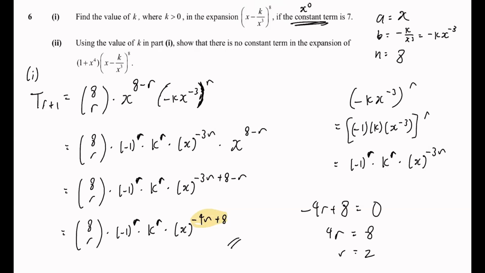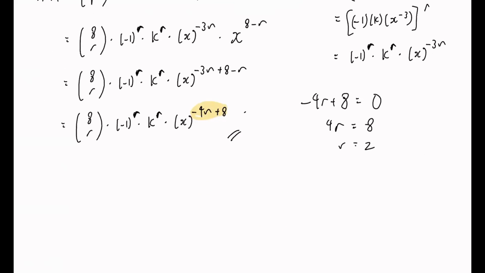Good. So then you can use the formula now. They tell you the constant term is 7, which means you can just sub in r equals 2 and then equate to 7. Exactly. Okay, let's do that. Let's just write down equate to 7 first in case I forget. So sub r equals 2.